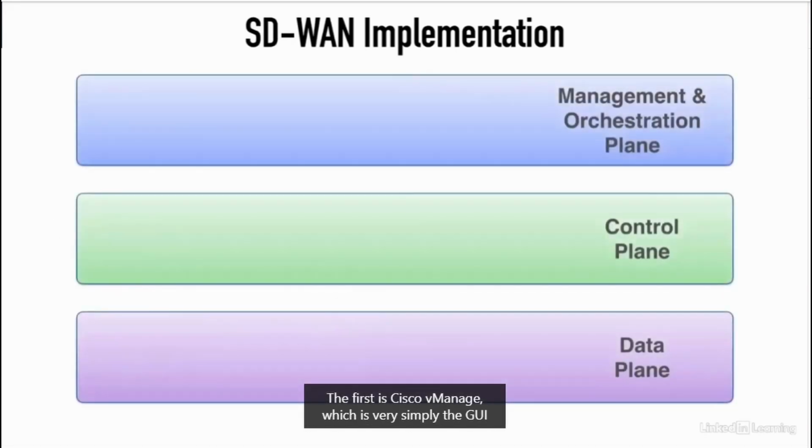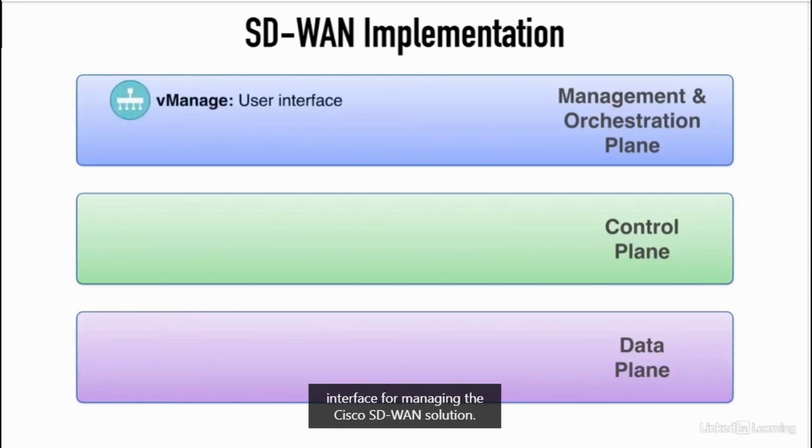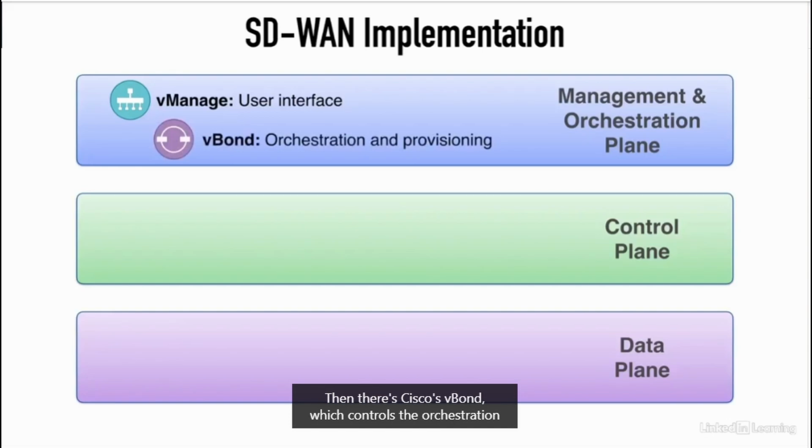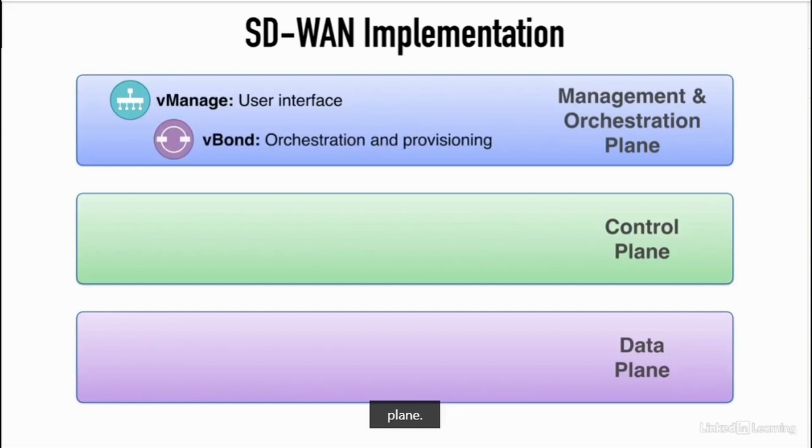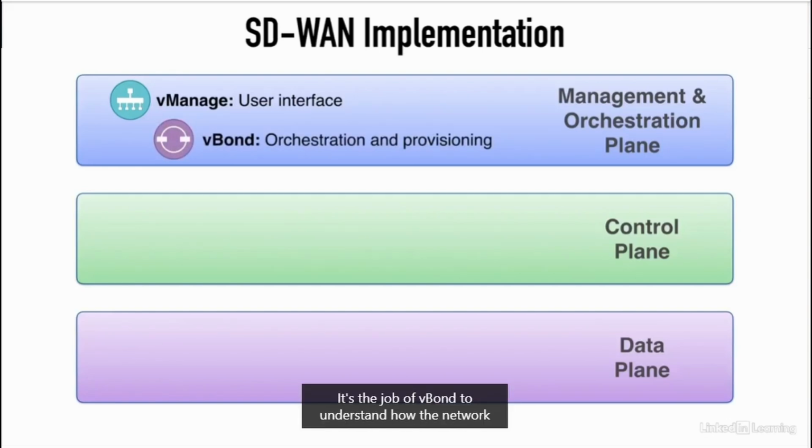The first is Cisco vManage, which is very simply the GUI interface for managing the Cisco SD-WAN solution. This is where you would perform configuration, monitoring, and provisioning. Then there's Cisco's vBond, which controls the orchestration plane. It's the job of vBond to understand how the network is constructed and to make sure all of the interconnected components can work together.